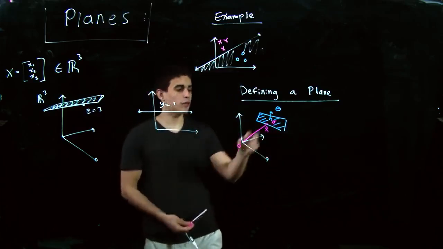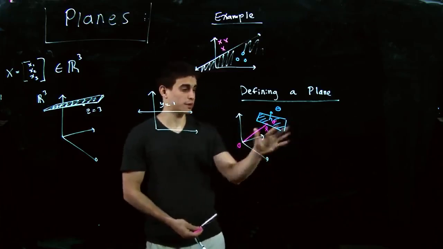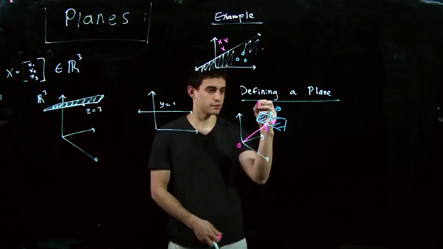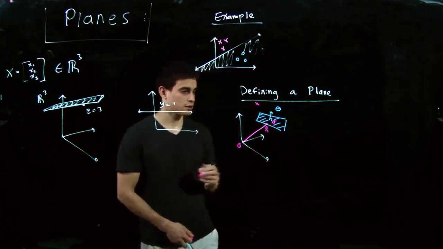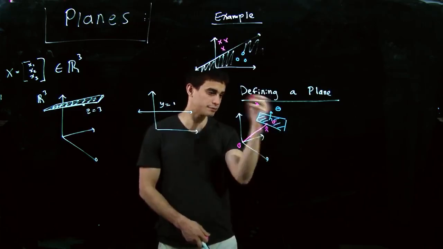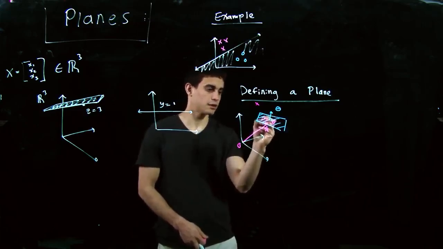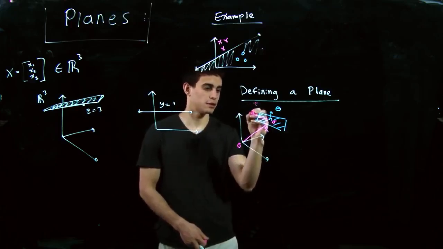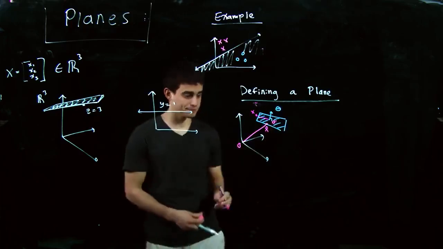So now we want to find all of the points which fall on this plane. If we take another point, x, it will only be on this plane if its vector is perpendicular to theta.